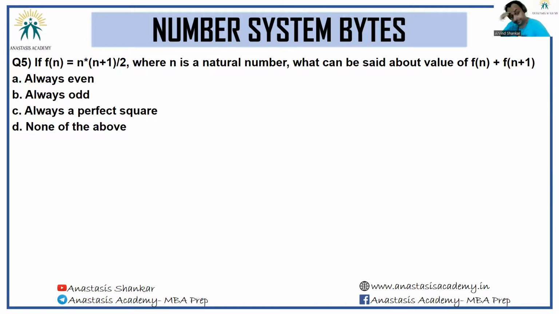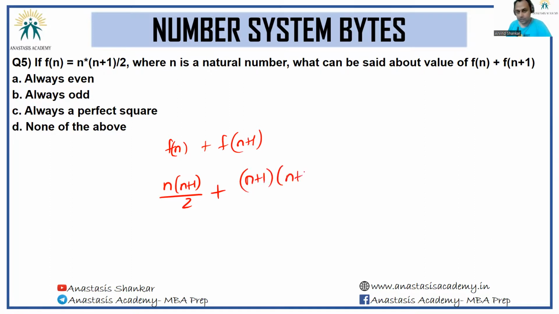Next question. If fn is equal to n into n plus 1 by 2, where n is a natural number, what can we say about the value of fn plus 1? Okay. So fn plus 1 will be equal to n into n plus 1 by 2 plus n plus 1, n plus 2 by 2.